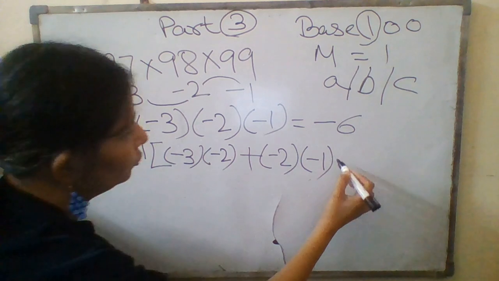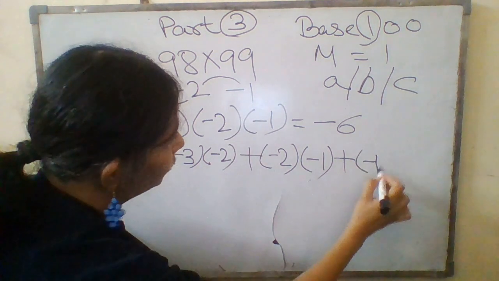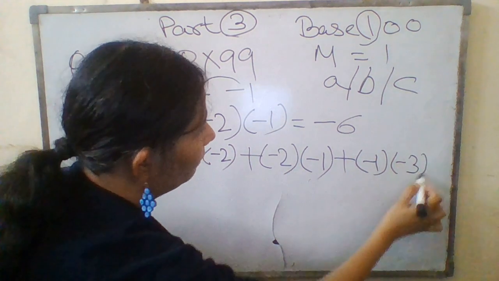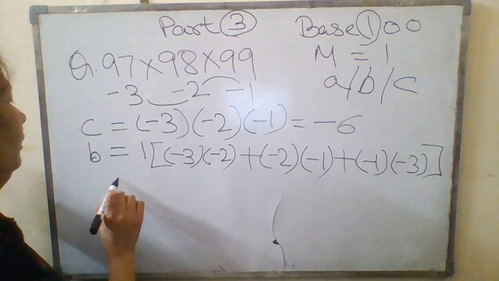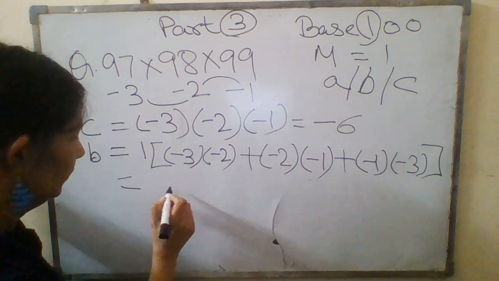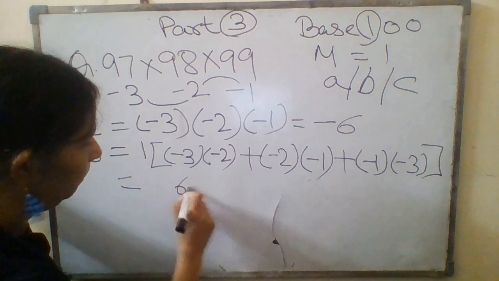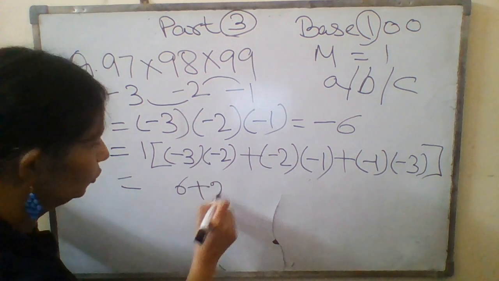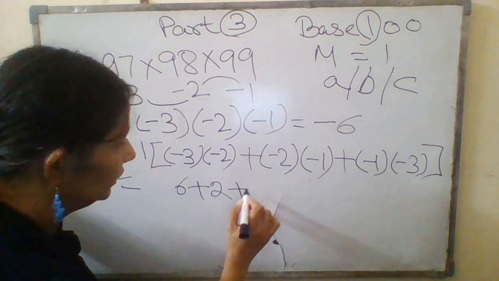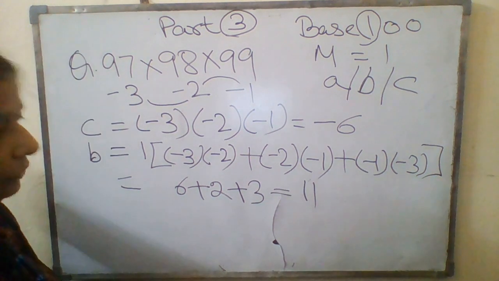Then plus, the next two terms: minus 1 into minus 3. Bracket close. Now you will solve it. Minus into minus will be plus, so this is plus 6. Again minus into minus will be plus, so 2 ones are 2. Again minus into minus will be plus, so this is 3. What will you get here? You will get 11.